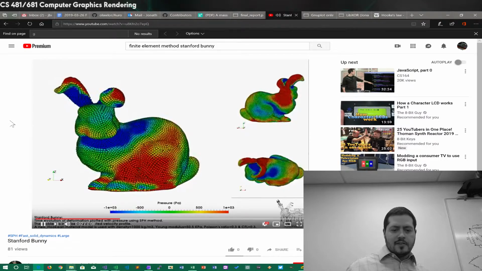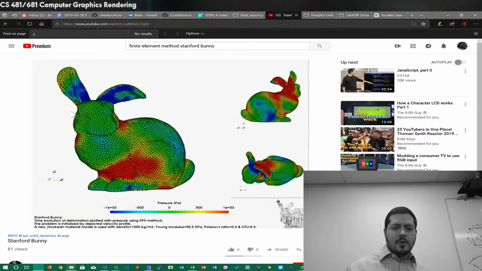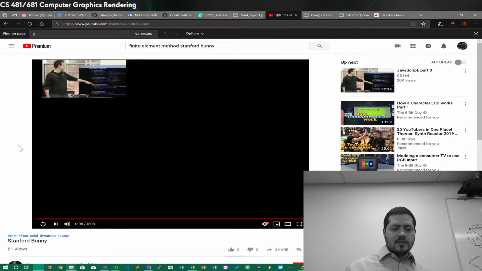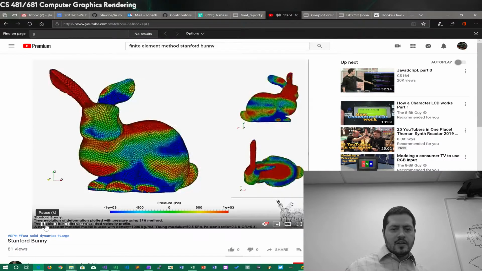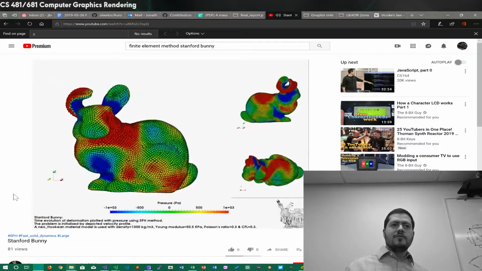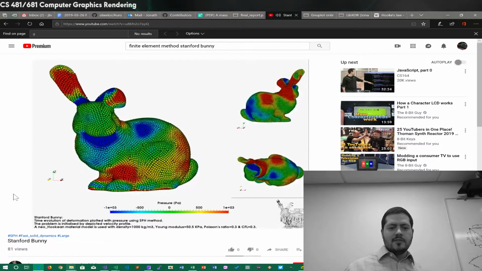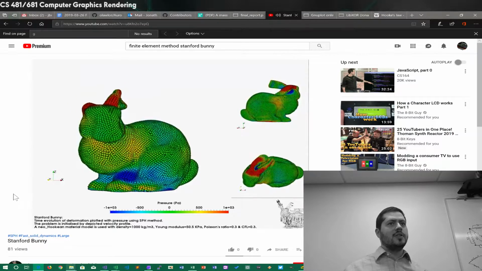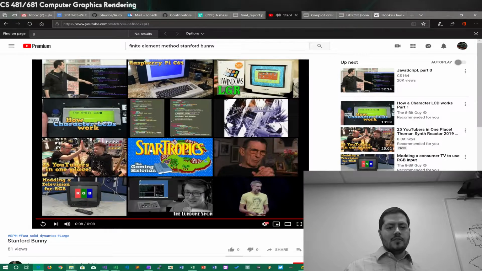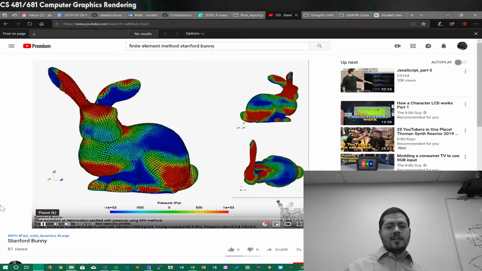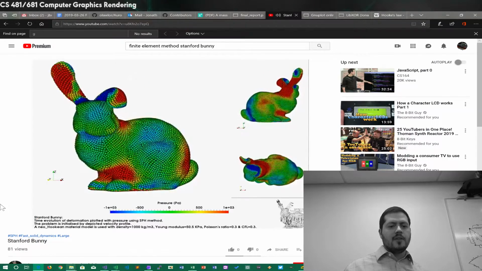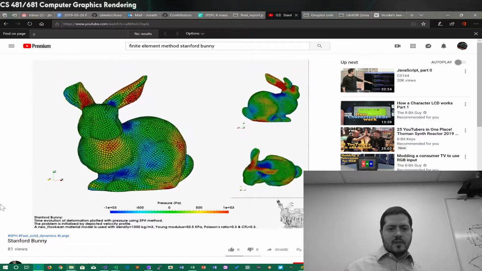So you see all the spheres, and that's the stress on it at the time. They're using that to visualize it. So there's another way to do it. All the fluid stuff seems to come in handy here. It's just a matter of how you determine the right equations to use.